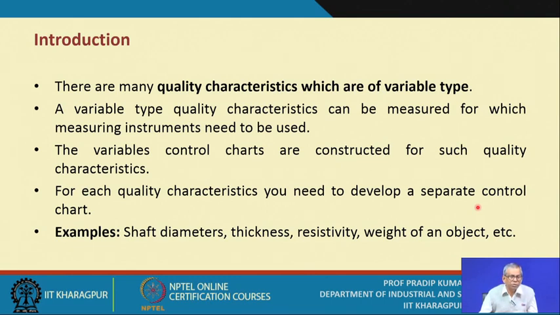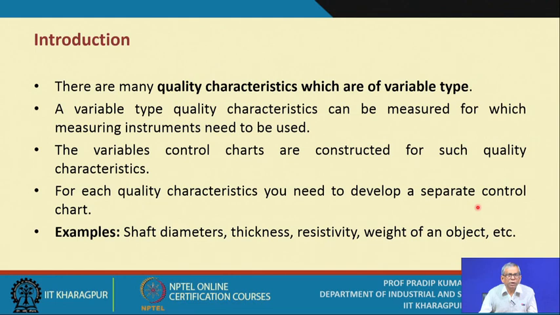Suppose in a given situation, you are dealing with some, say, 20 such quality characteristics which are of variables type, and you have decided that you will go for control charting for these quality characteristics. So, what you need to do, that means for each one of them, you have to construct a separate control chart. So, this point is to be noted.